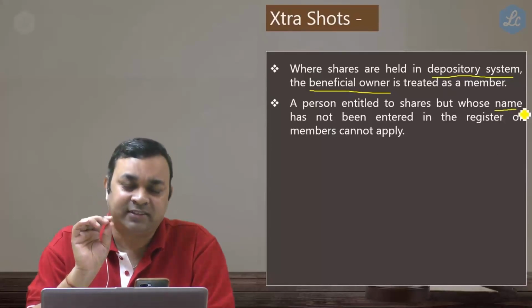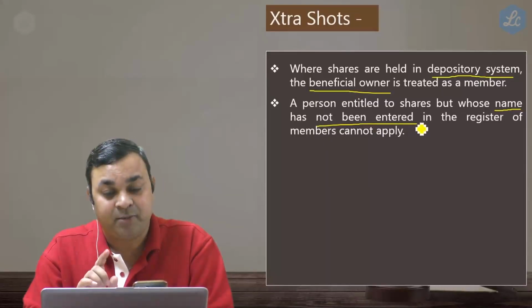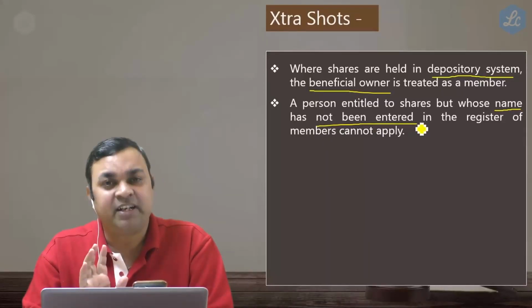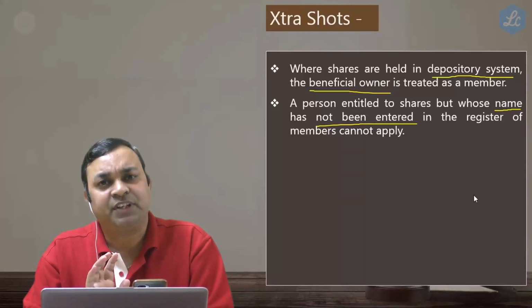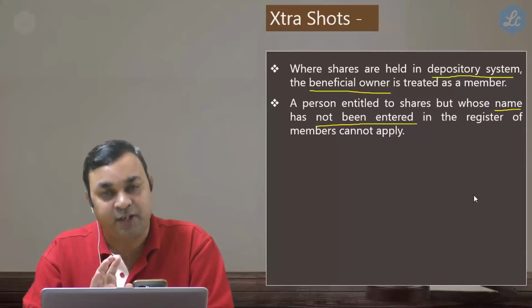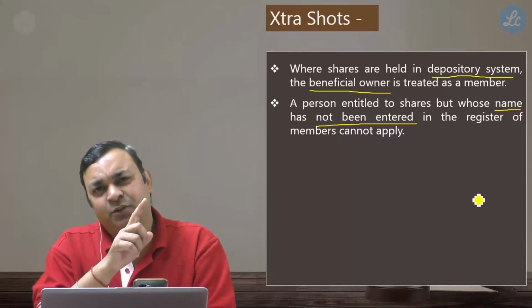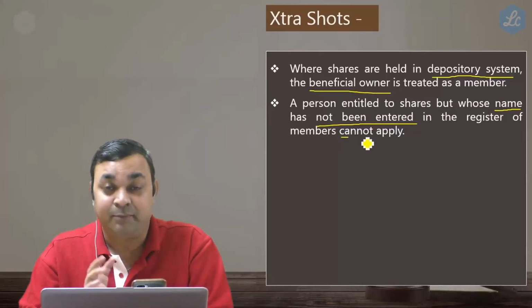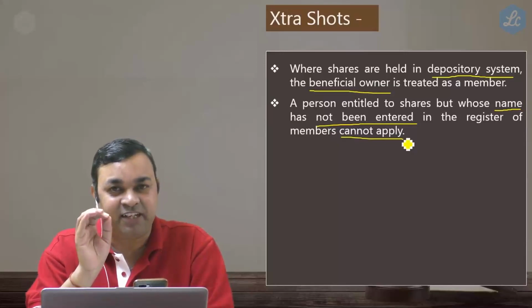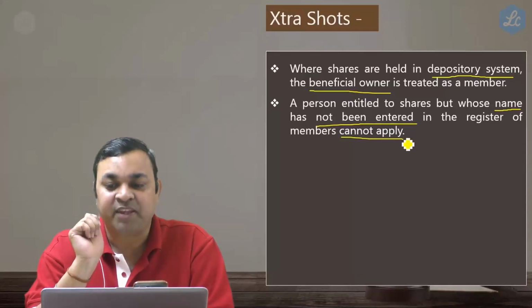So law has clearly specified that a person entitled to shares but whose name has not been entered in the register of members is not eligible to make an application under section 241. And what is the logic behind this? You can refer to the definition in section 2 clause 55, the definition of member: a person is named in the register of members. So this is the second point.